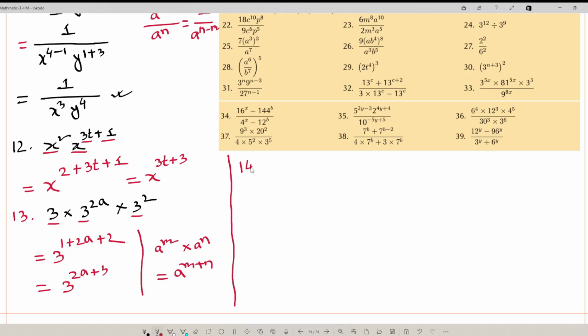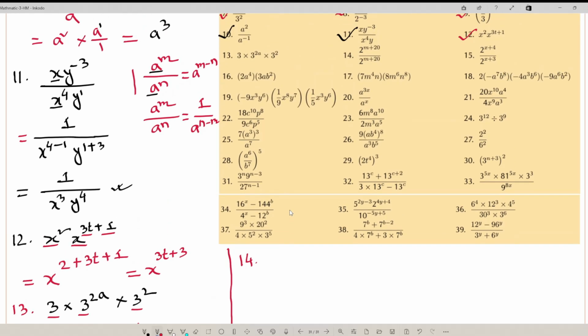Now number 14. Here is a fraction which is 2 to the power m plus 20 divided by 2 to the power m plus 20. So look, here the base is 2, so we write 2 and the powers will be subtracted. It means m plus 20 minus m minus 20, right?